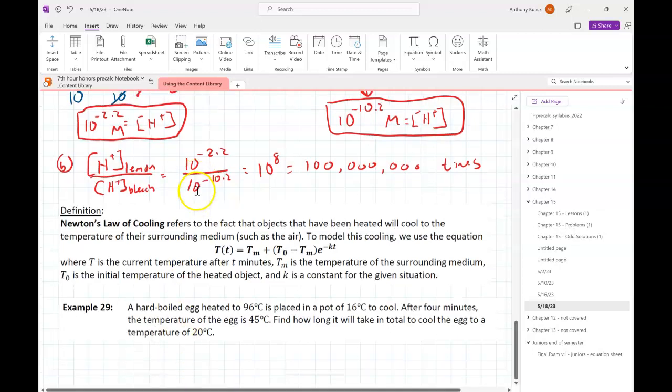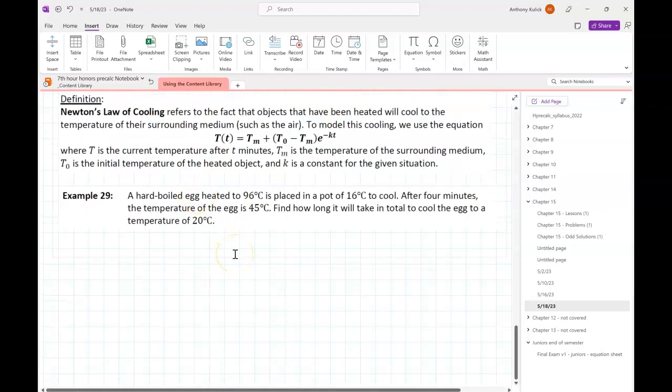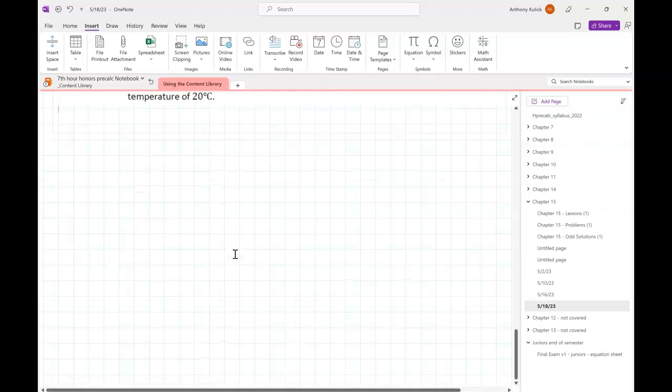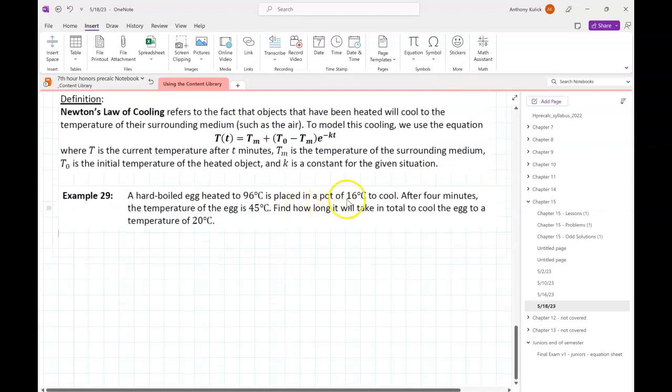Here it says a hard-boiled egg is heated to 96 degrees Celsius and then placed in a pot of 16-degree water to cool. After 4 minutes, the temperature of the egg is 45 degrees Celsius. Find how long it will take in total to cool the egg to a temperature of 20 degrees Celsius.